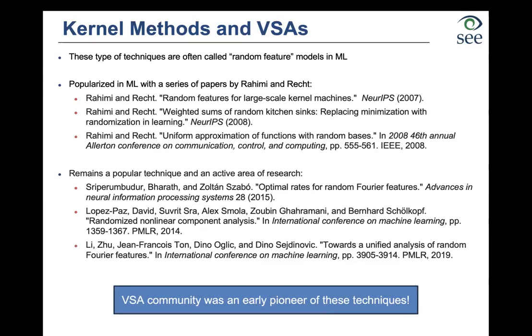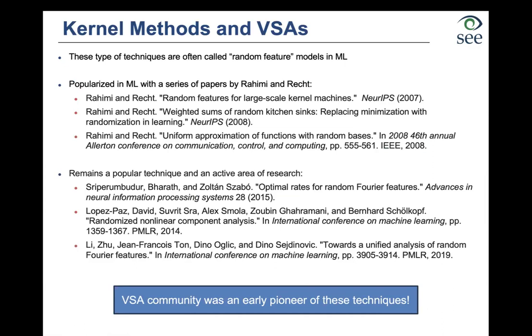And these techniques are often called random feature models. So in machine learning, this technique was popularized in a series of papers by Rahimi and Recht that came out in the late 2000s. And this area still remains a really active and popular area of research. So even today, there are still people who are publishing things about these kinds of random feature models.